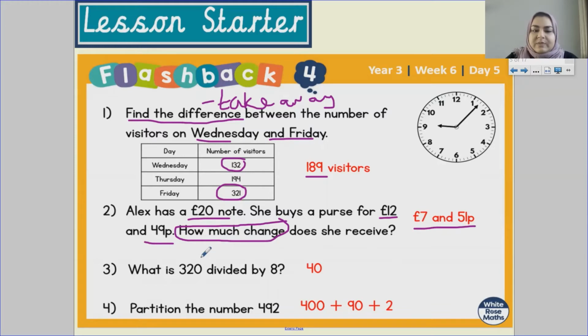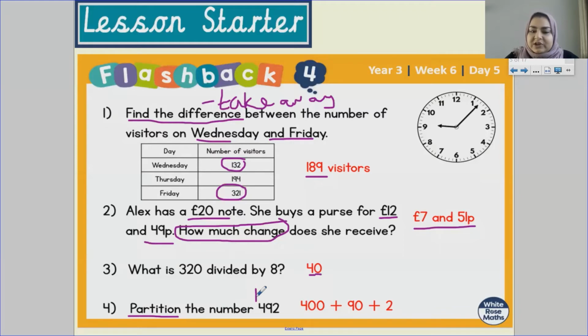Okay, number 3 says, what is 320 divided by 8? We know when you do 0 divided by 8, you get 0, and then 32 divided by 8 is 4. So your answer should have been 40, because 8 goes into 32 4 times. Then for number 4, it says partition the number 492.